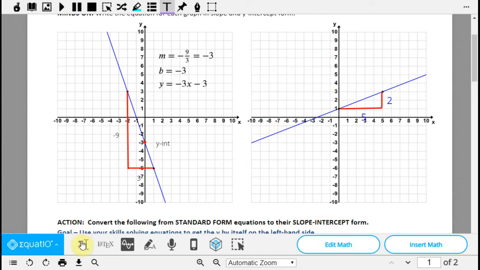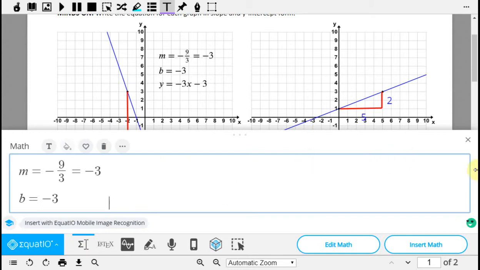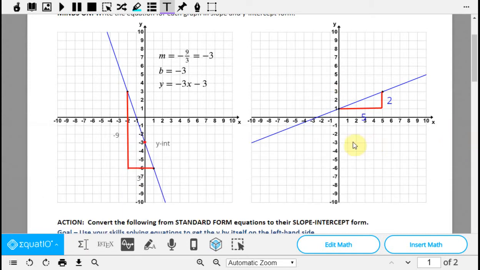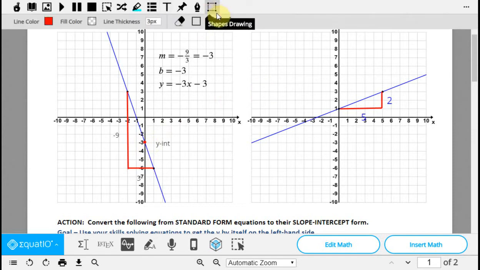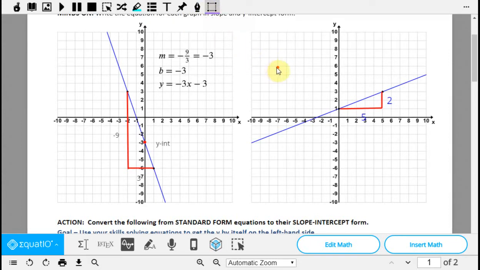And once again, I'm ready to do my slope. Oh, first I just want to identify my y-intercept. My y-intercept here is 1.